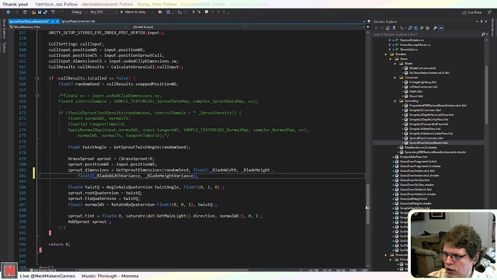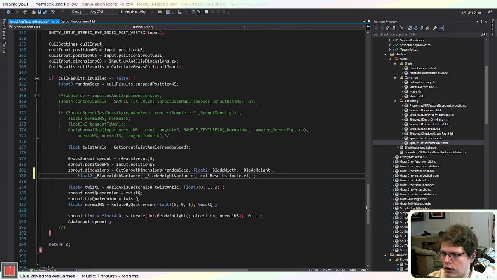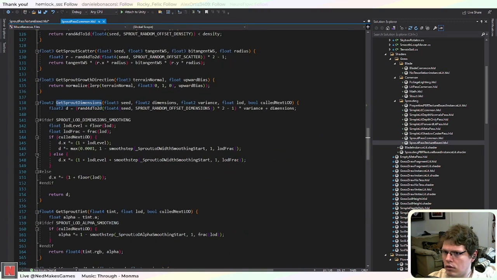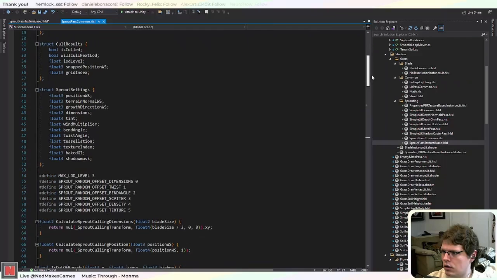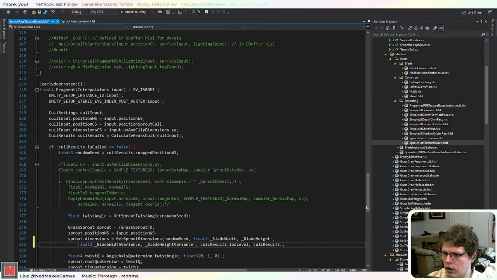And then the LOD level, and then I think it's called next LOD, which I don't remember what the field is for that. Yeah, we'll call it next LOD.